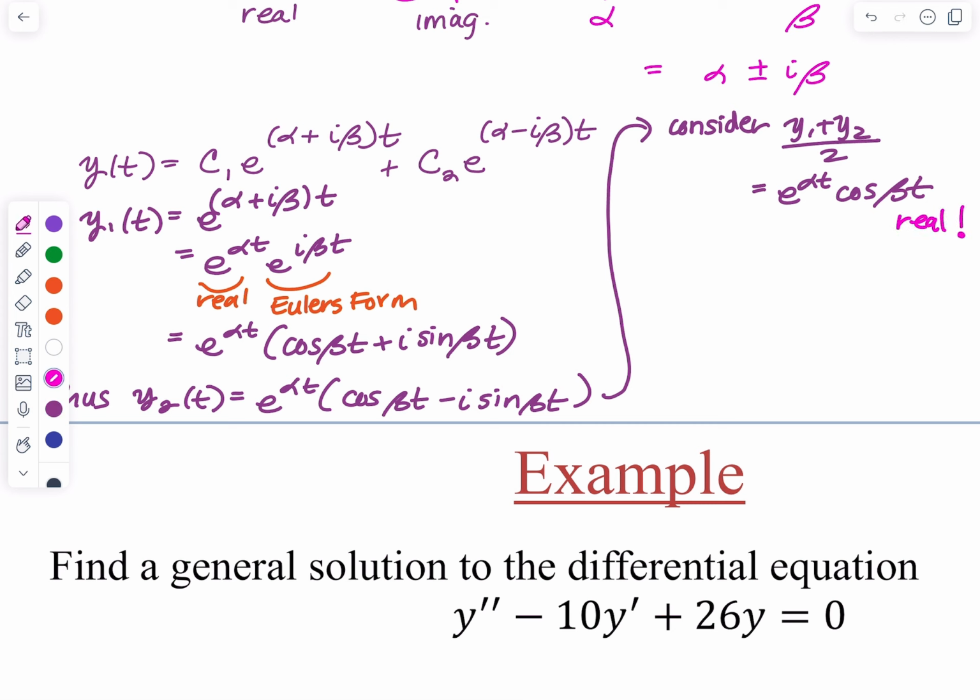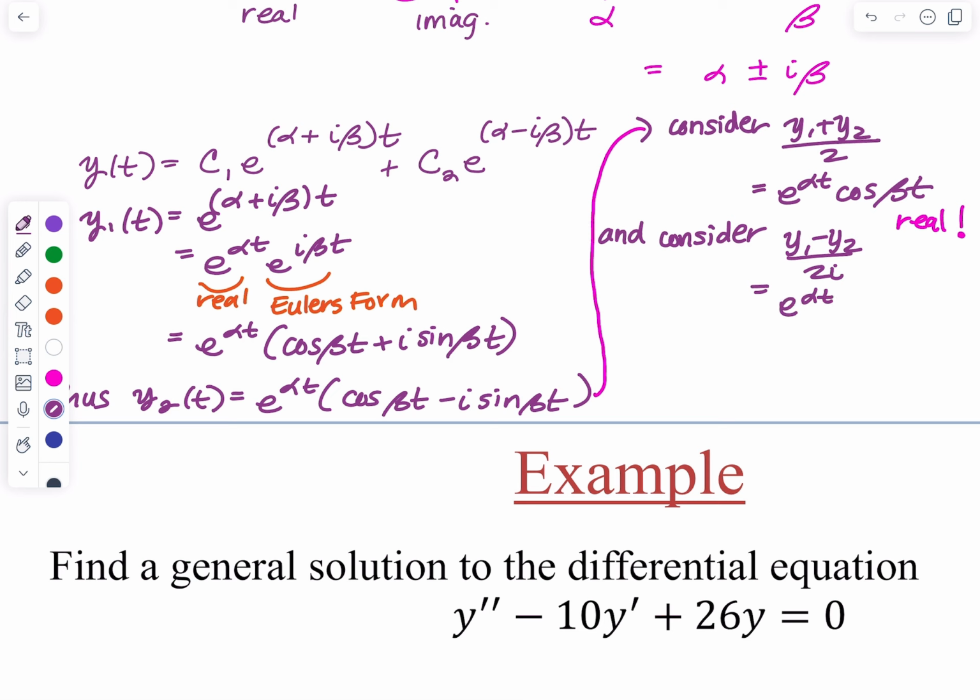And so that's how we will also consider y1 minus y2 of t, divided by 2i, and we will come up with e to the alpha t sine of beta t.